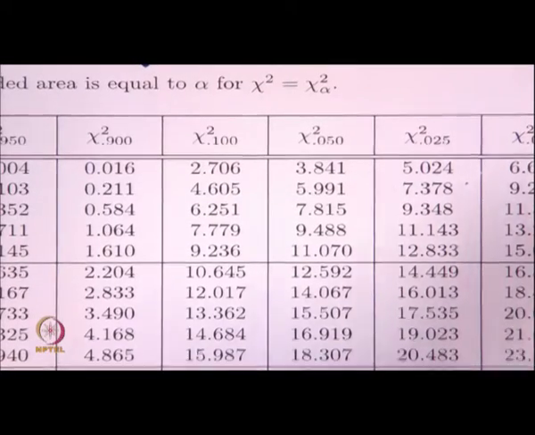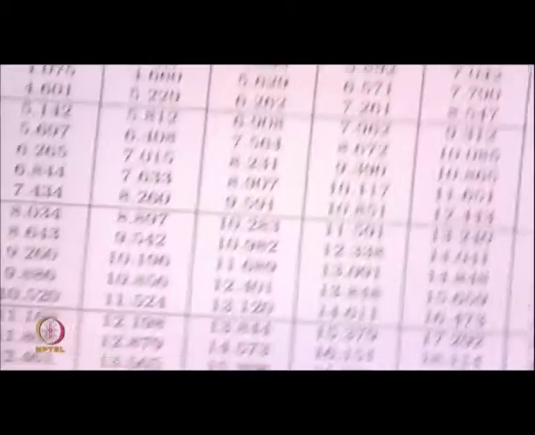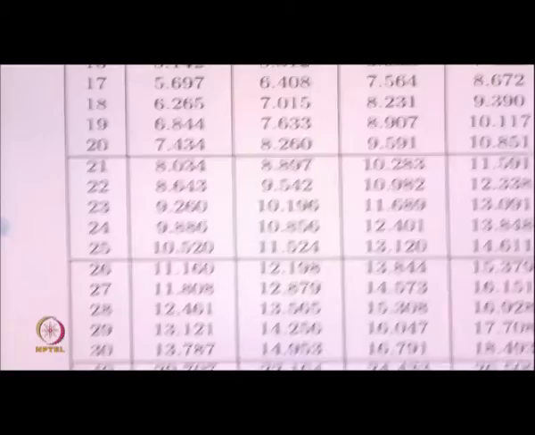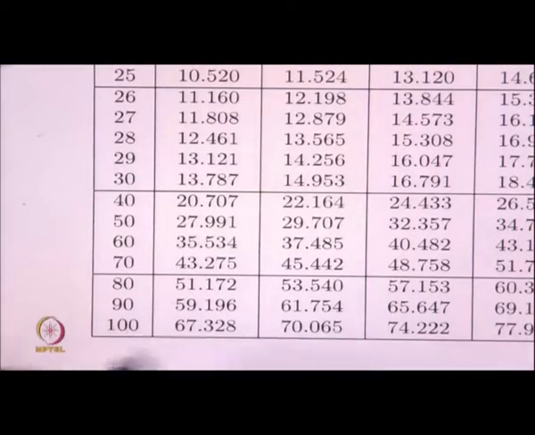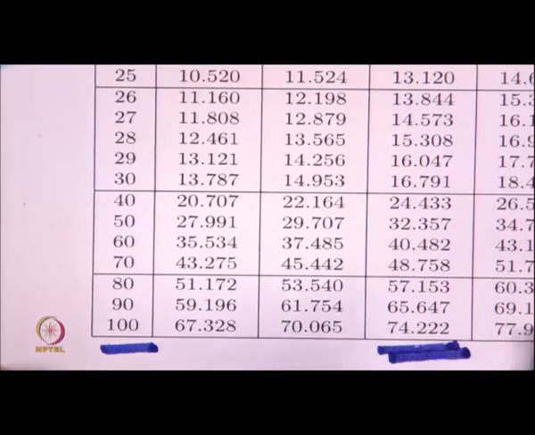In particular, let us look at chi-square with 100 degrees of freedom. Look at the value, it is 100 degrees of freedom, and corresponding to 0.975, this value is 74.22.